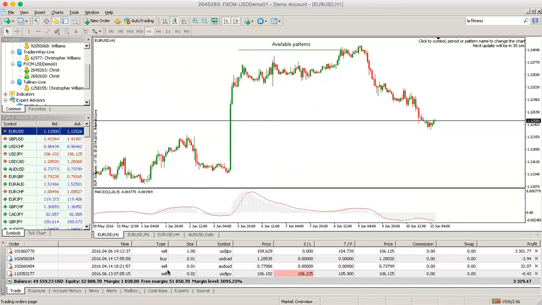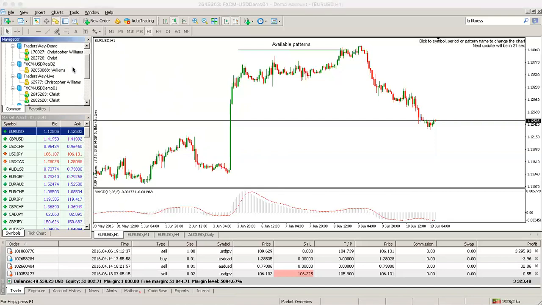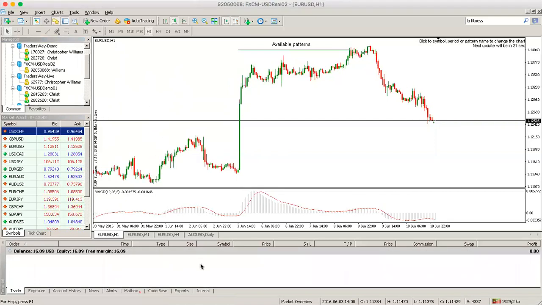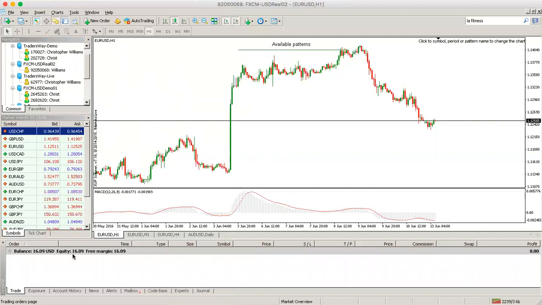Right here, what I look at also, if I have a small account, I can show you one of those that I have. I was playing with this last week on an FXCM live account. Well, I only have $16, so I really can't do too much with that.